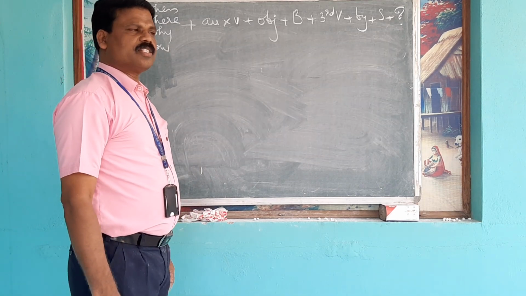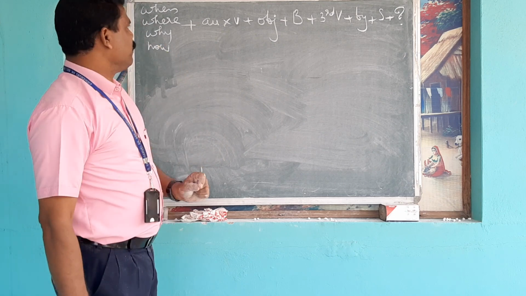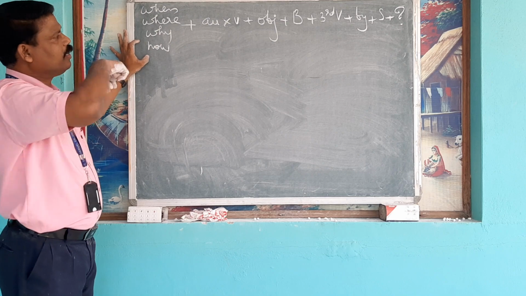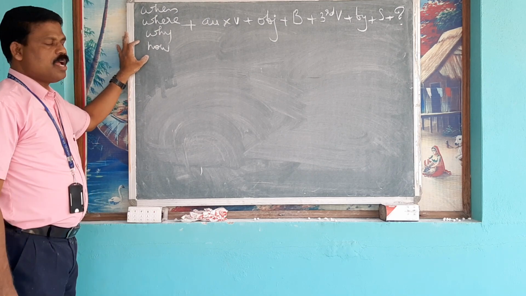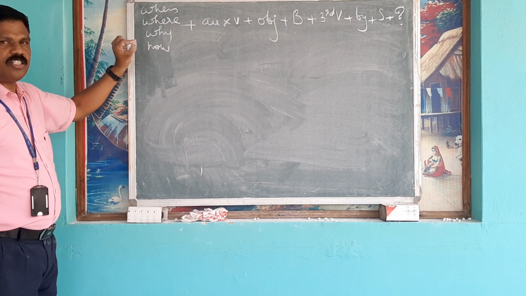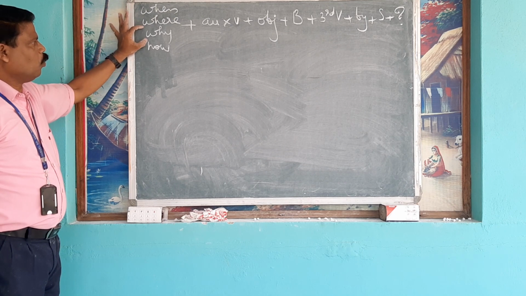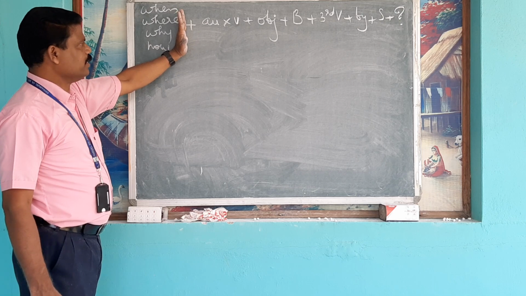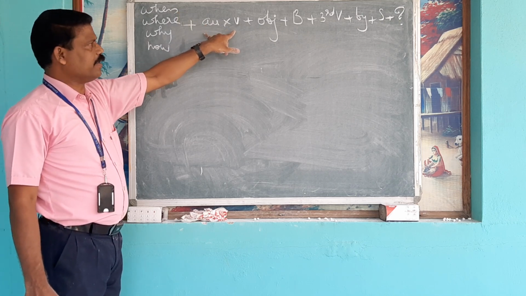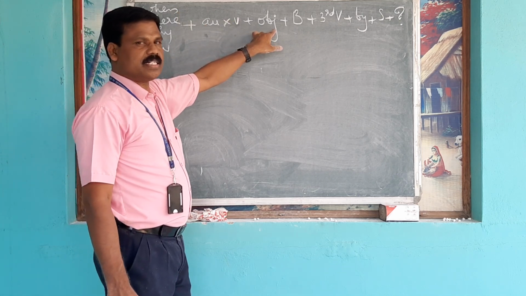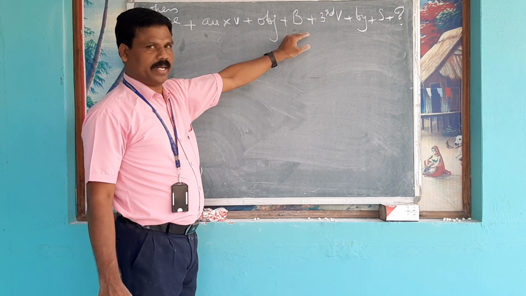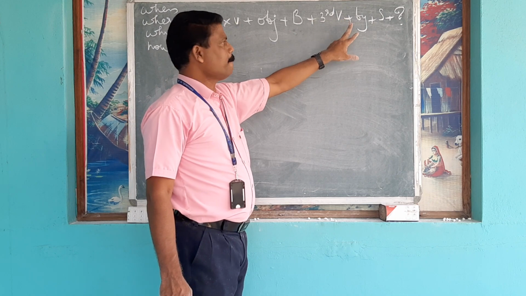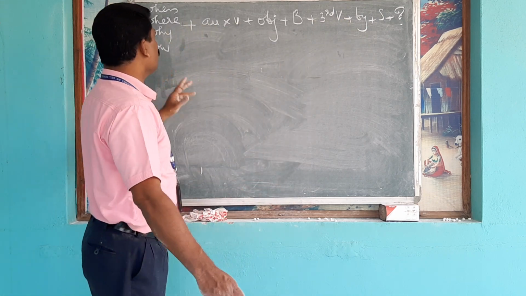Now let us discuss how sentences that begin with when, where, why, how are changed into passive. If the interrogative sentence begins with when, where, why, how, you have to write the question word first, then the auxiliary verb, then the object, then be, being, been, then if necessary the third verb, by plus subject plus question mark.